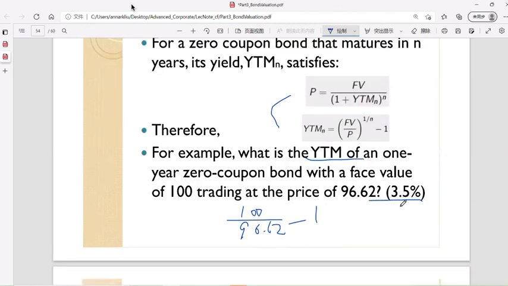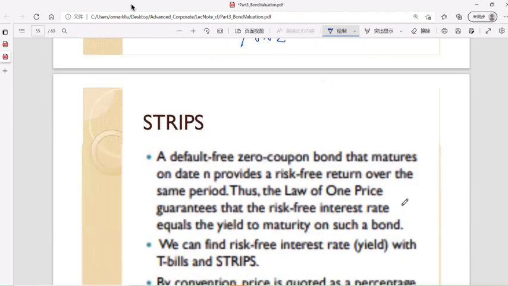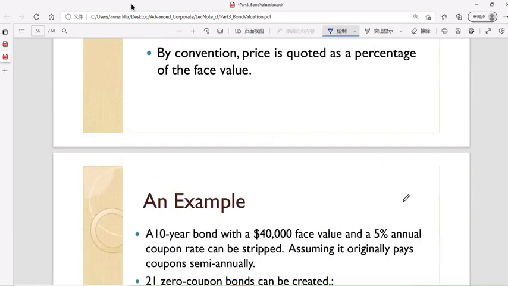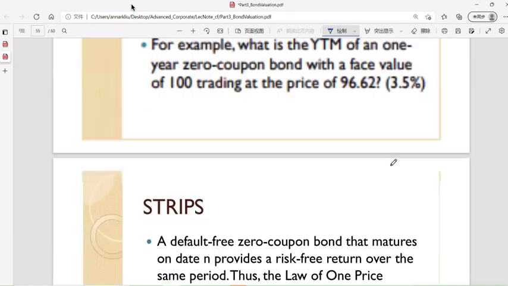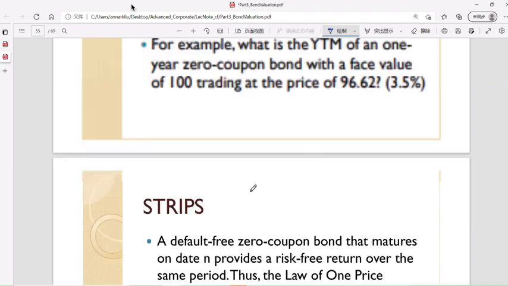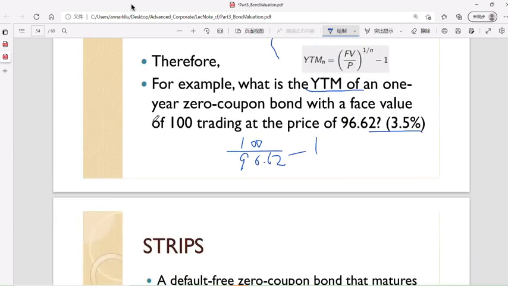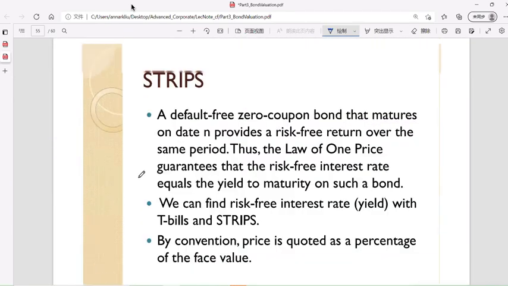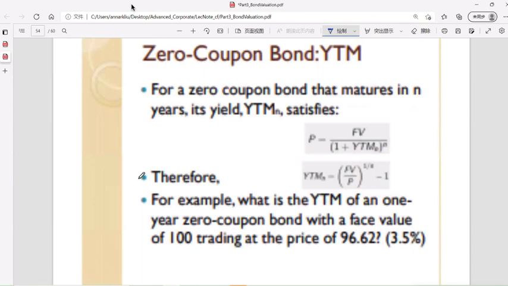So what we would like to do is to use the information right here. We want to get the value for strips, to get the price value using strips.